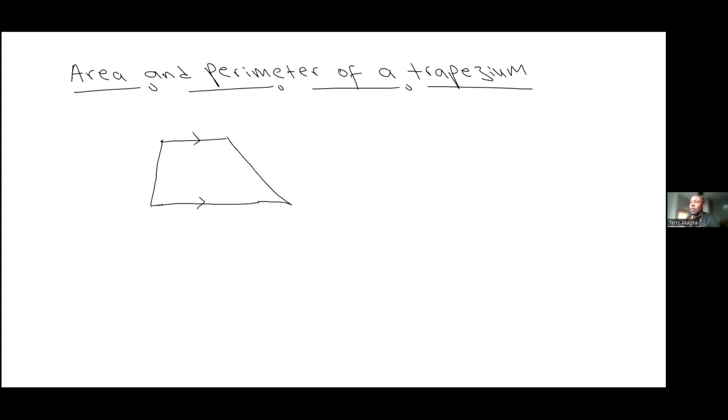So you can see A and B are both parallel, but C and D are not parallel. And for every trapezium, there's a height.